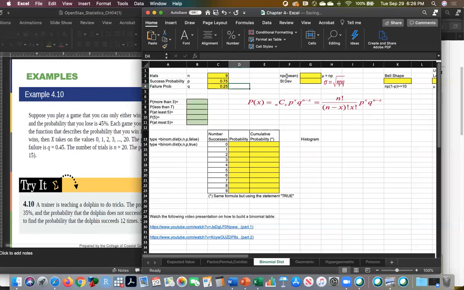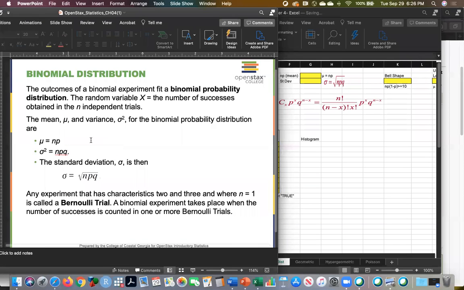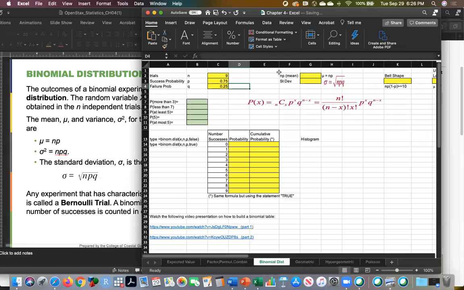If I want to find the mean, my binomial distribution mean is found by multiplying the number of trials times my probability of success. So this is going to be my mean.